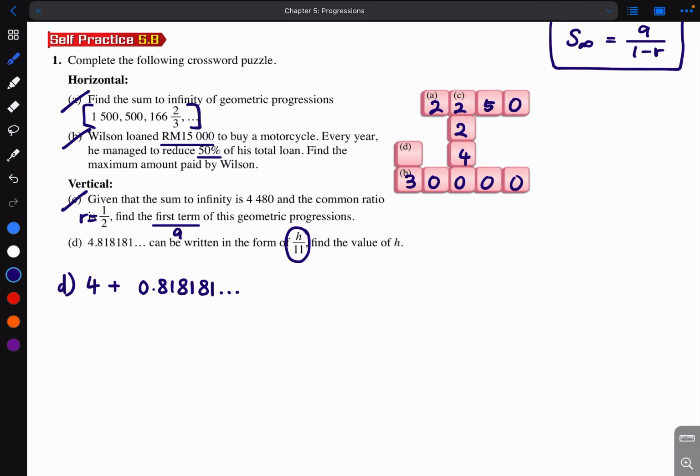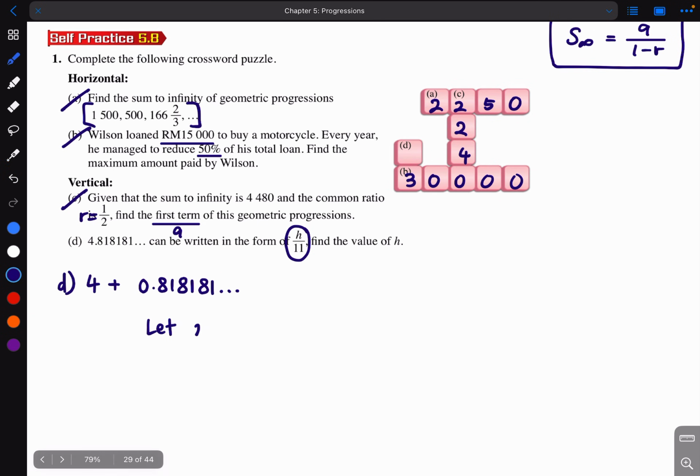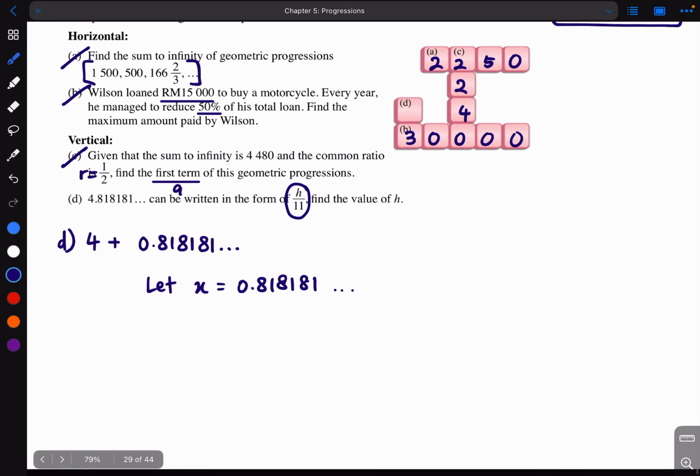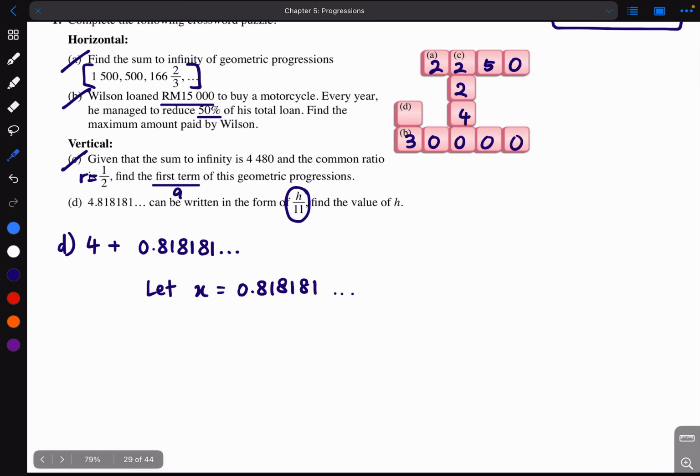Okay, to do this, first we let x equals to 0.818181. Okay, then next we need to multiply so that the decimal is after the pattern. So our pattern is 81, right? The decimal must be after the 81.